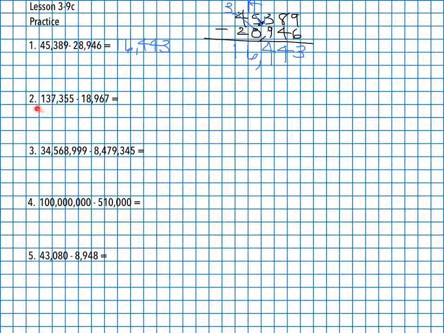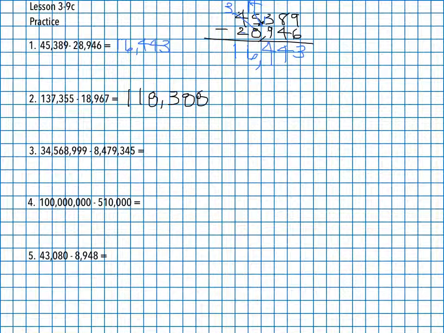For number 2, 137,355 less 18,967. The correct response should be 118,388. All right. For number 3, we have 34,568,999 less 8,479,345.